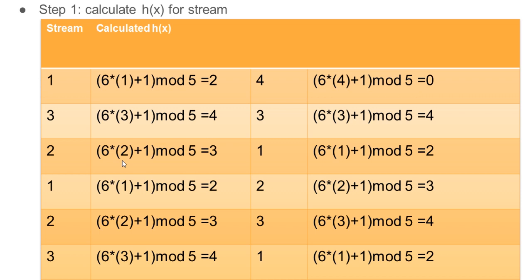Then for 2, you will say 6 into 2, that is 12. 12 plus 1, 13. 13 mod 5 is going to be 3. Like that for 4, it is 6 into 4 is 24 plus 1, that is 25 mod 5, which is equal to 0. So like that, you will calculate your h of x over here, where you will find out the mod values for the given stream. Now, what is the second step?